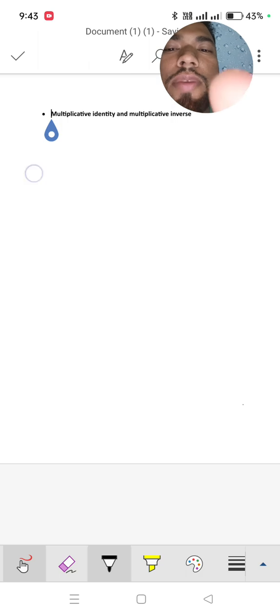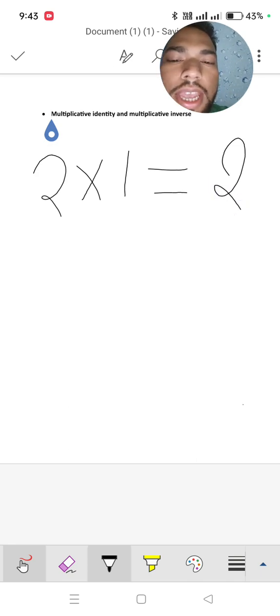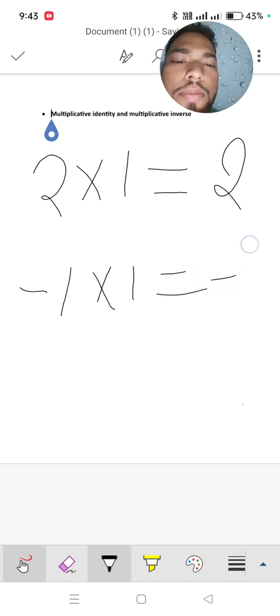Because when we multiply any number with 1, suppose we multiply 2 and 1, then the answer will be 2. Again, I have multiplied -1 with 1, then again the answer will be -1.